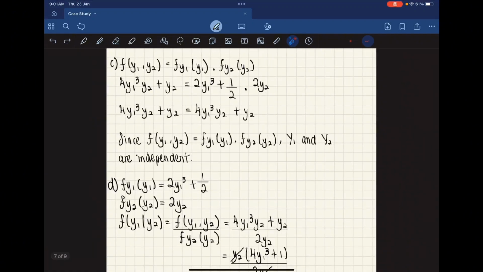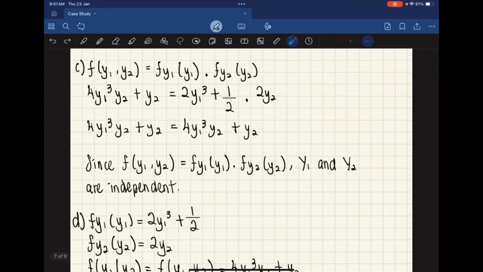And then we move on to question C. For the question C, we need to determine whether y1 and y2 are independent. If we want to know whether y1 and y2 are independent or not, we need to check whether the function f y1 y2 equals fy1 y1 times fy2 y2, which are the marginal density functions of y1 and y2.